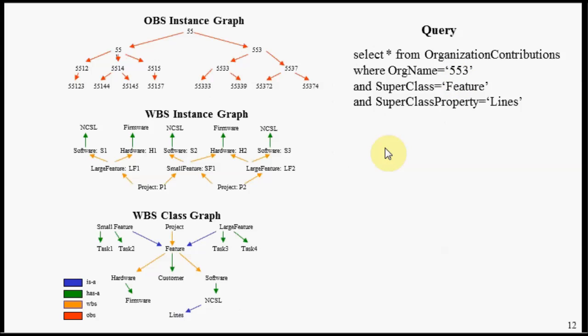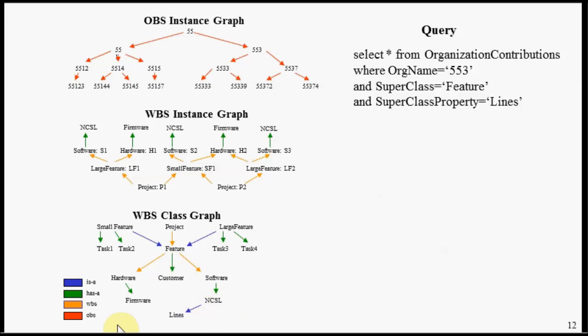Now, the interesting thing about this query is the following. Let's say tomorrow that someone decides to change this class definition and introduce something called a very large feature. What would we have to do to this query to incorporate the notion of a very large feature? The answer is nothing. This query does not need to change at all.